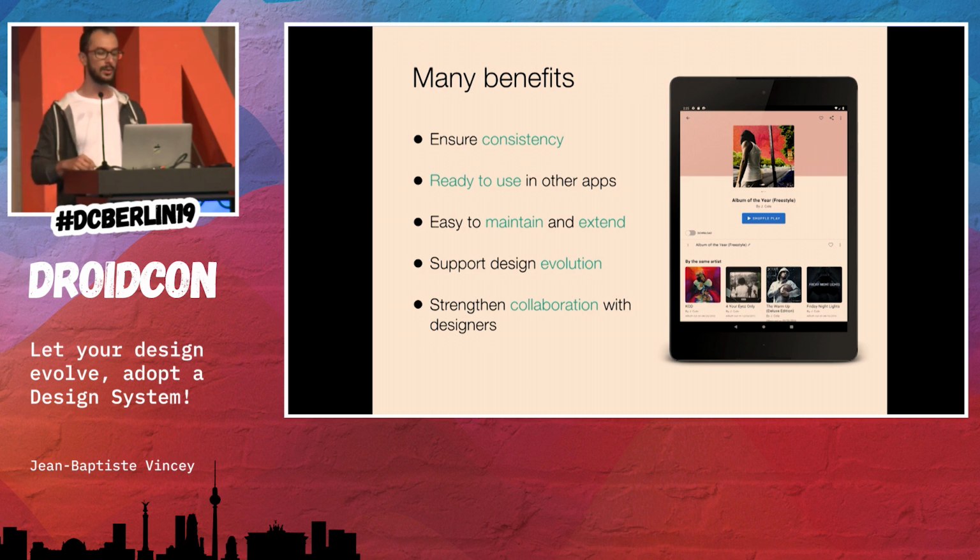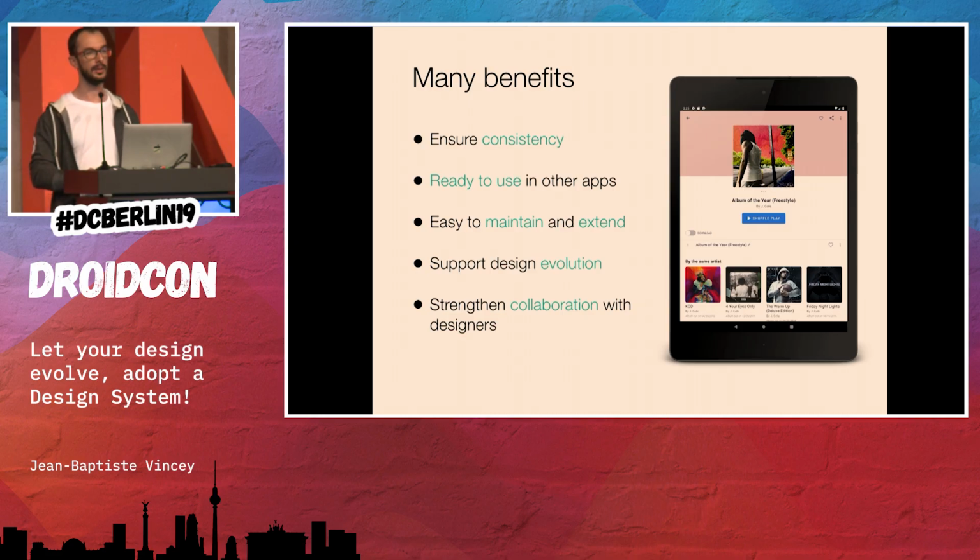It's really easy to maintain and extend, and it supports design evolution in the sense that every UI component is very clearly defined with its own name, and it's defined exactly the same way between designers and developers, so that we can make this UI component evolve in a systematic manner.